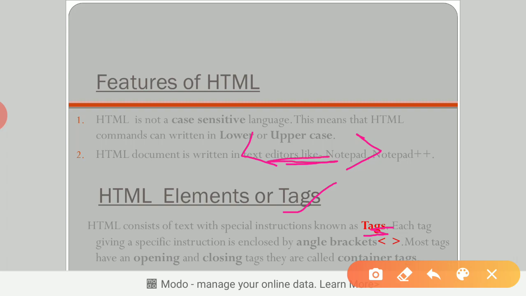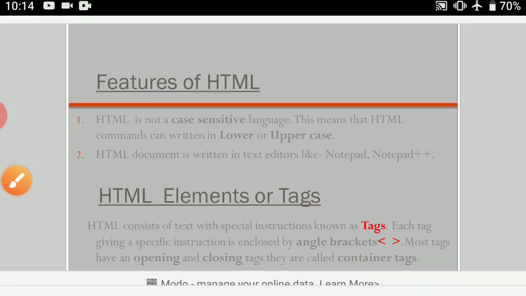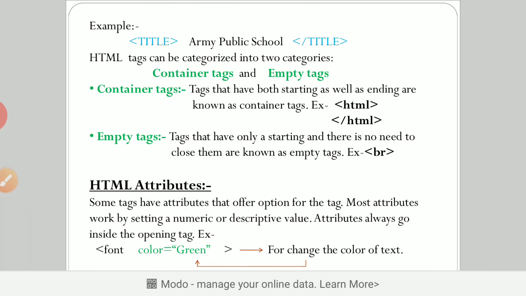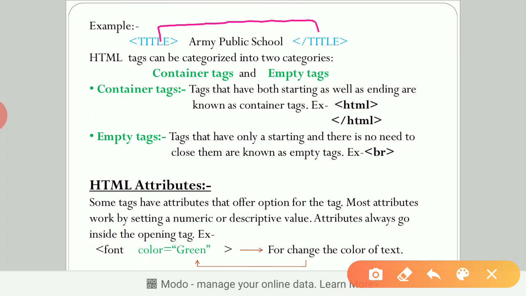Suppose you want to write code. So how can you write? This is an example. Here you can see a title tag.